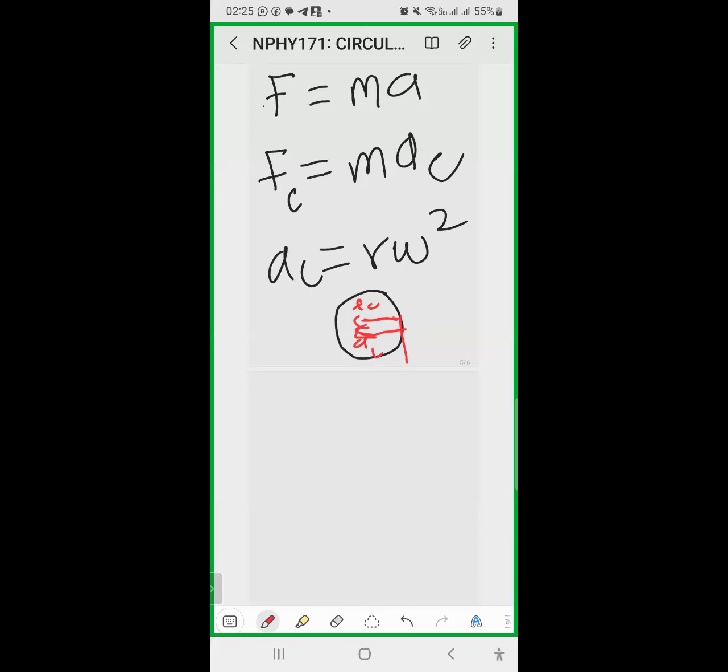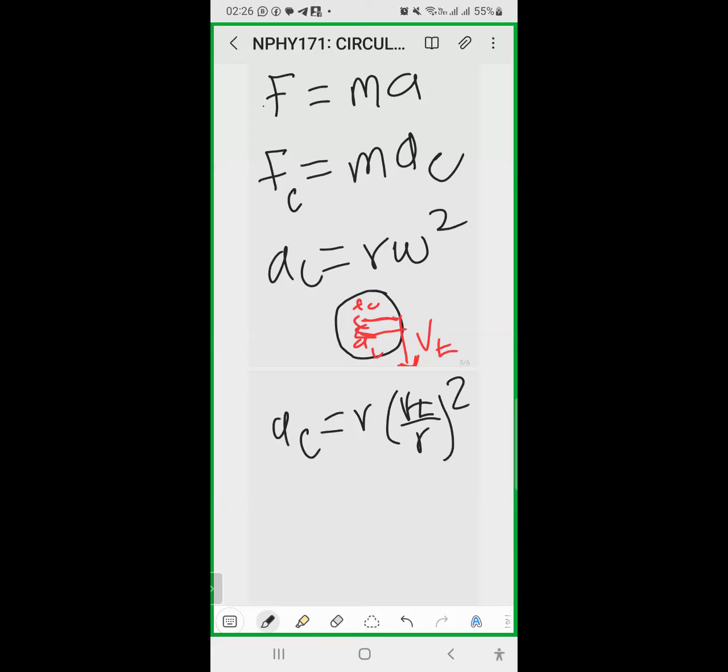But we also have the tangential velocity, which acts tangent to this object. Therefore, your centripetal acceleration will be given by r multiplied by the angular speed, which can be given by the tangential velocity divided by r, and then squared.